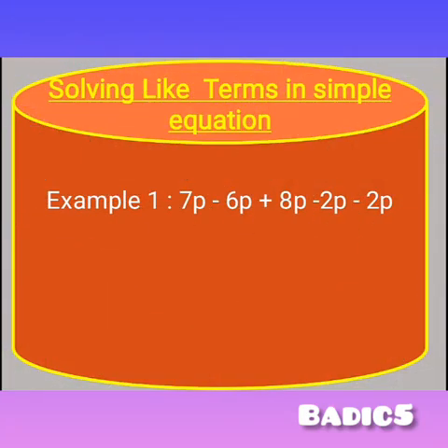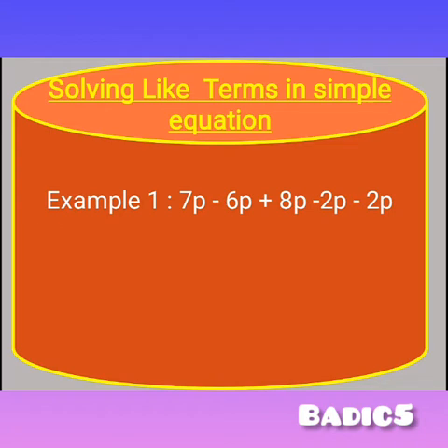Let's do solving like terms in simple equation. What do we mean by like terms? The variable there is alike, and that's letter P. So when you see this kind of question, the first thing you do, you bring the arithmetic operator that has a positive sign to the front so that it will enable you solve this question in an easier way.